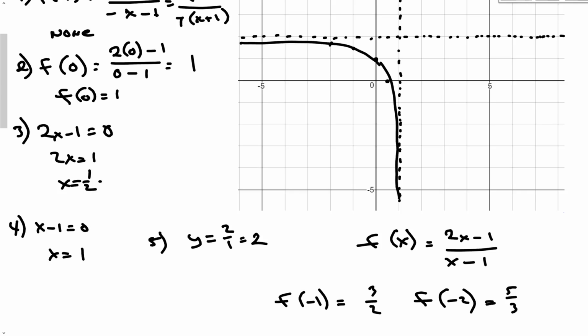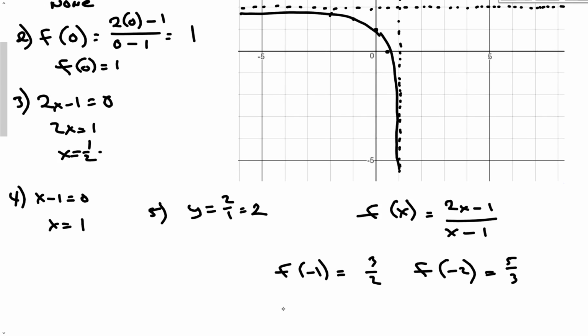Okay, well, now I can't plug in 1 because that's my vertical asymptote and it would give me something undefined. But I can plug in 2. So f of 2, when I plug 2 into this function, becomes 4 minus 1 over 1, which is 3. And let's just do one more real quick. f of 4 gives me 7 over 3.